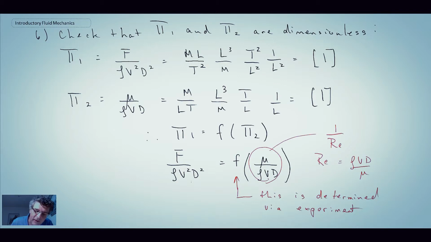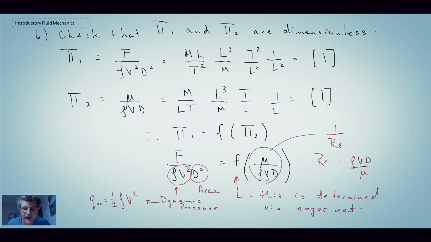Another thing, rho v squared, that one, and then d squared, this is an area, or it's proportional to area, and this is related to dynamic pressure, which we saw when we looked at Bernoulli's. And so that is related to 1/2 rho v squared, and sometimes we give it the symbol Q infinity for dynamic pressure.